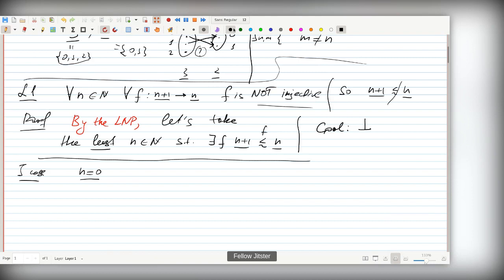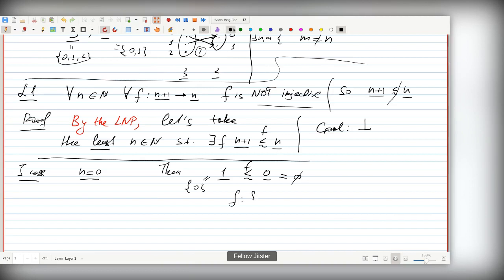Assume that n is 0. If n is 0, then we have an injection from 1 underlined to 0 underlined. But 0 underlined is the empty set, while 1 underlined is not empty.